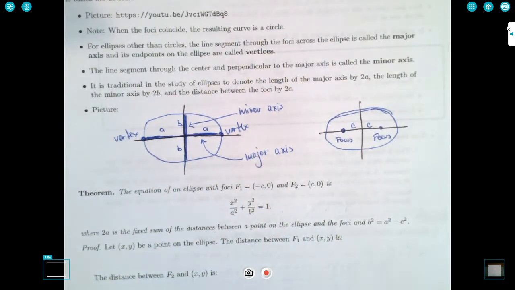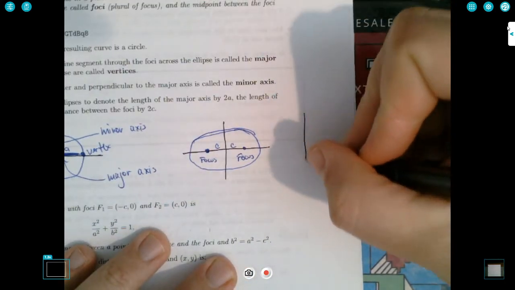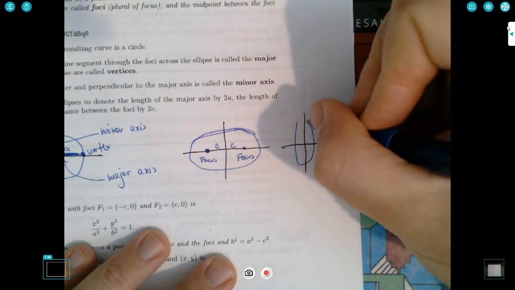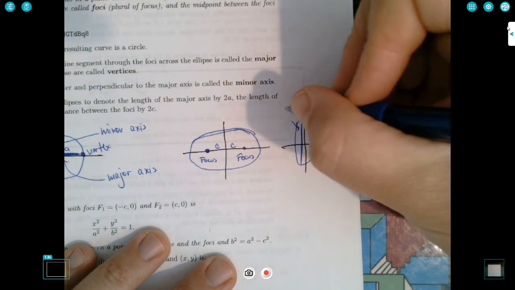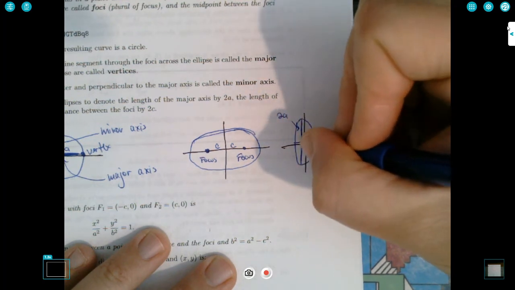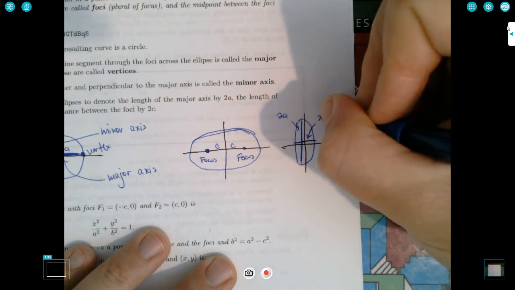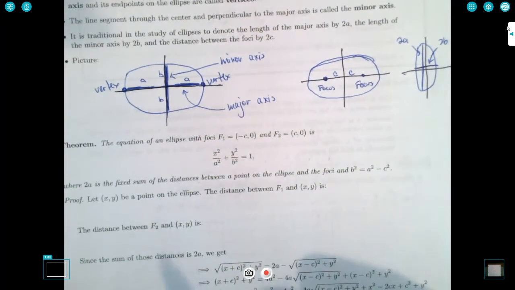Anyway, if the ellipse were oriented the other direction, so if we were going this way, now this would be your major axis, and this would be your minor axis. All right.